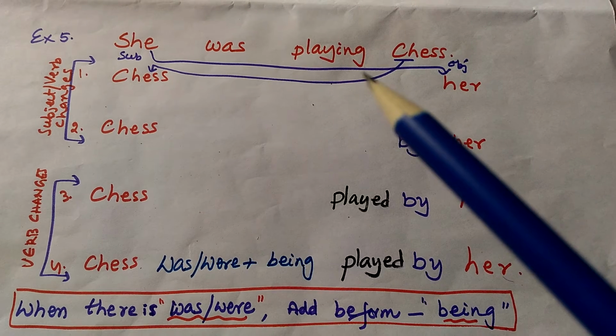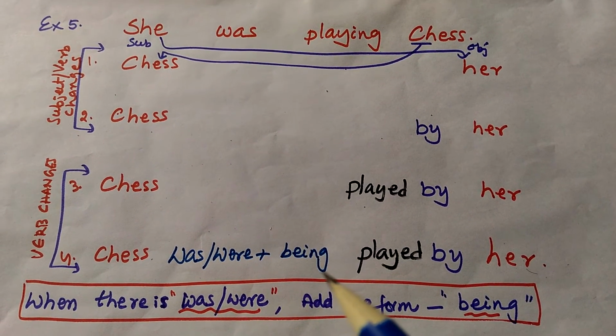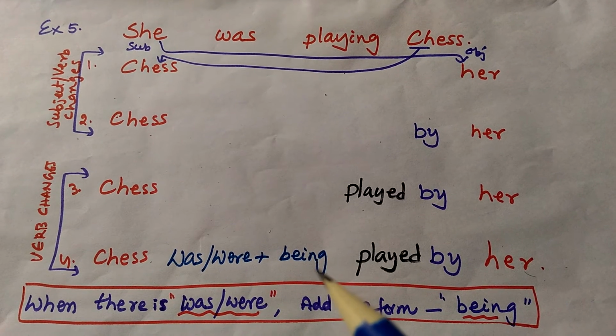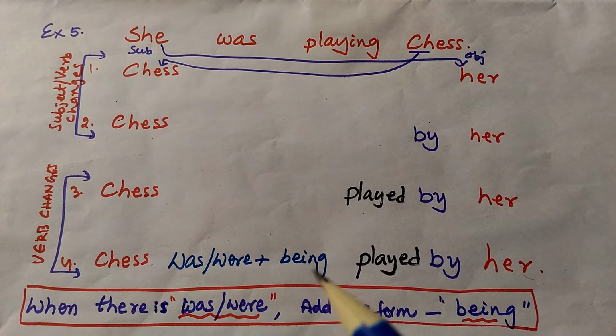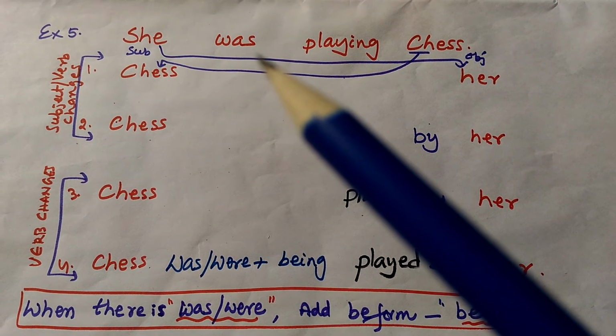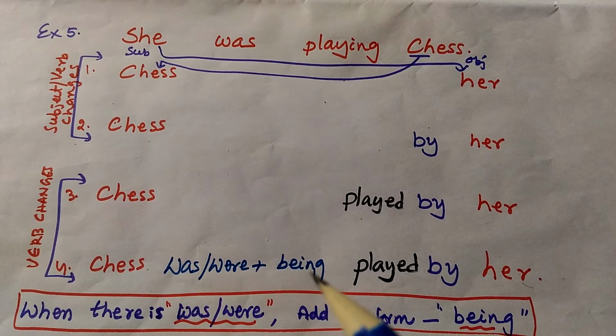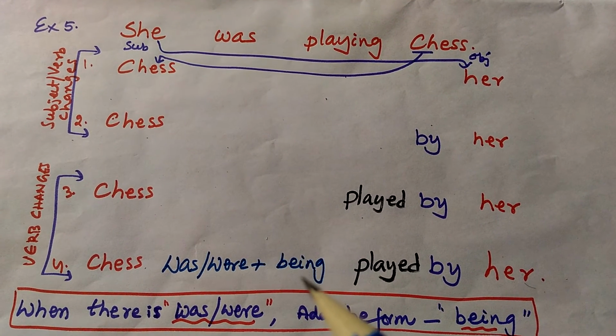So playing became played, and then we have to add an appropriate be form. Here the appropriate be form is being, because whenever in the sentence there is was or were, we have to write both was and were plus being. So we have written like this.